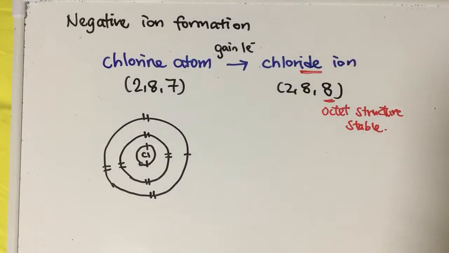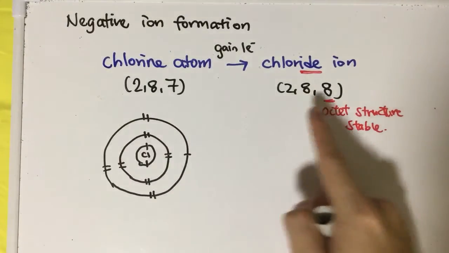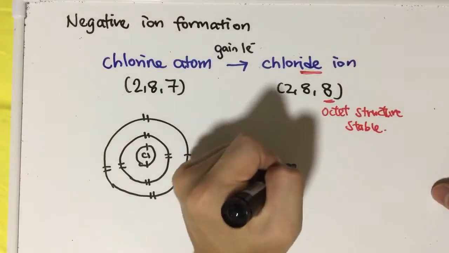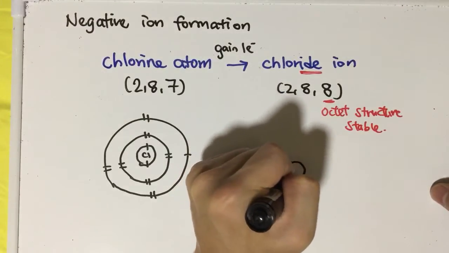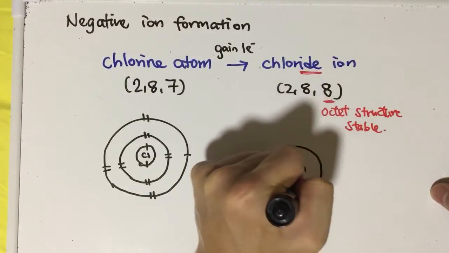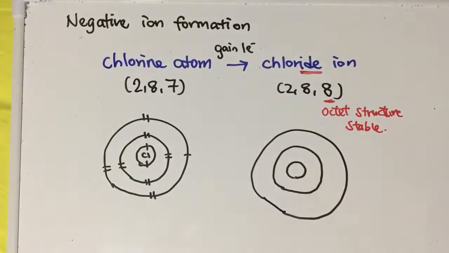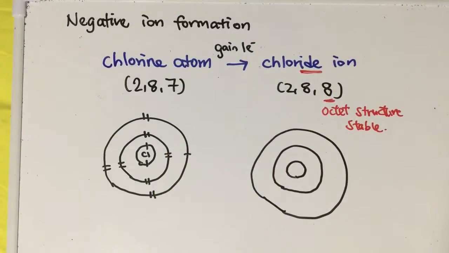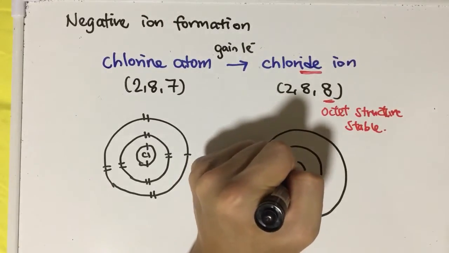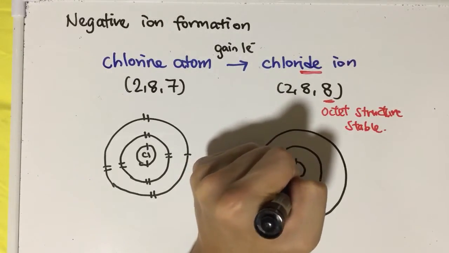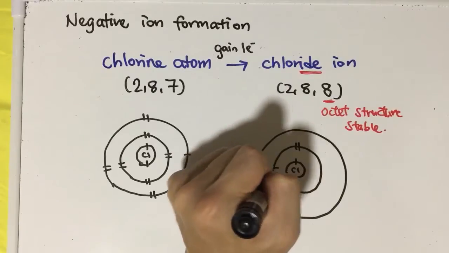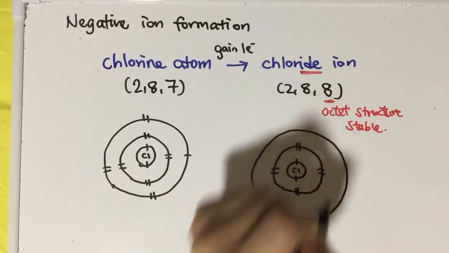For the electron arrangement of the chloride ion, this time it is 2, 8, 8, so you still have to draw 3 shells, 1, 2, 3. Chloride ion 2, 8, 8.